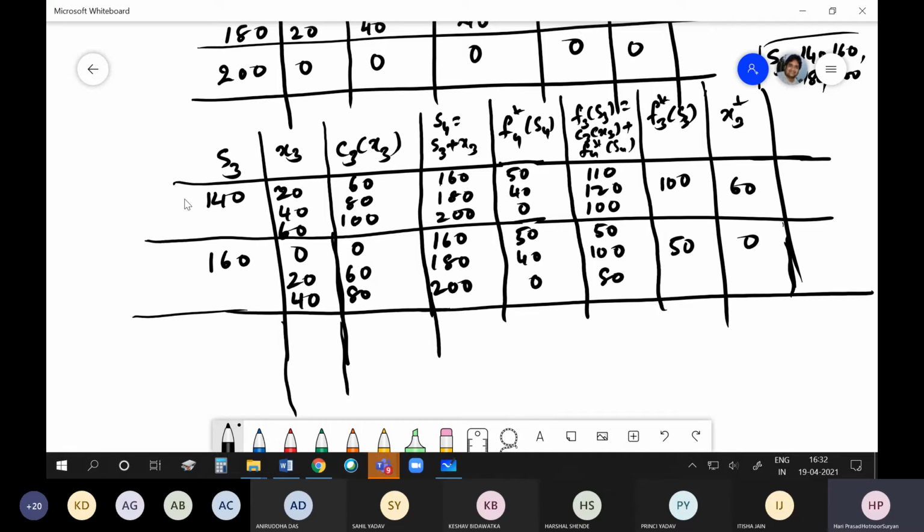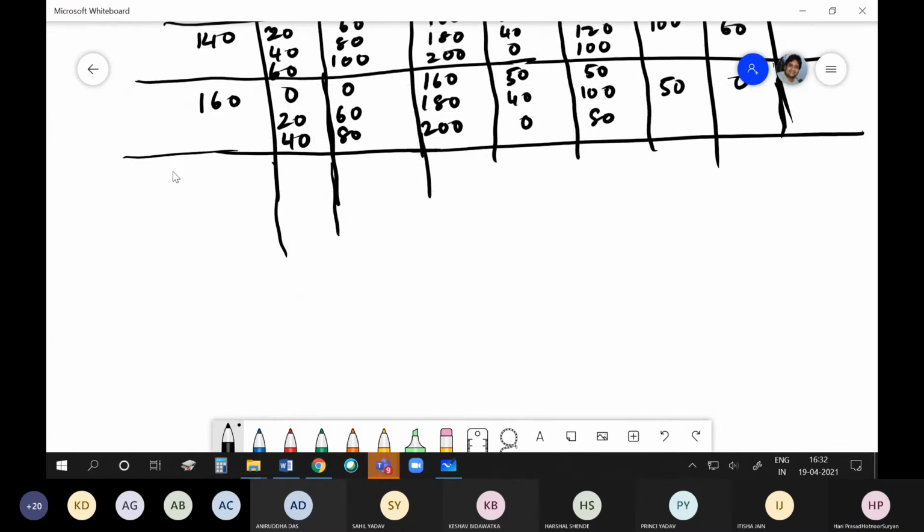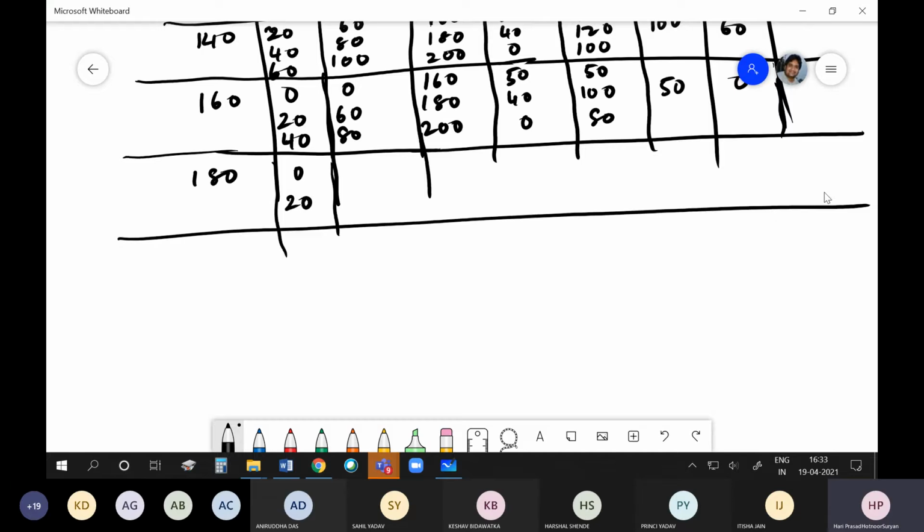Okay. So now if I have 180, what are the possible values of X3? 0 and 20, isn't it? So 0 and 20, the values are 0 and 60.